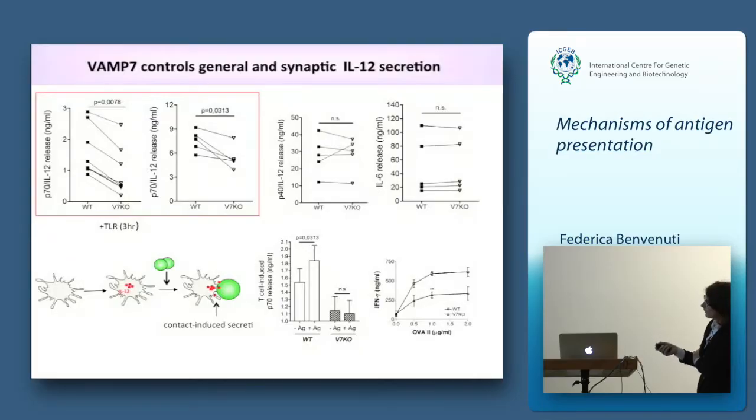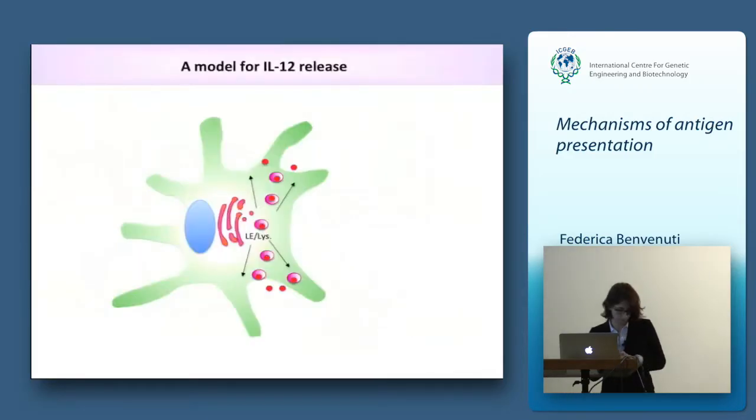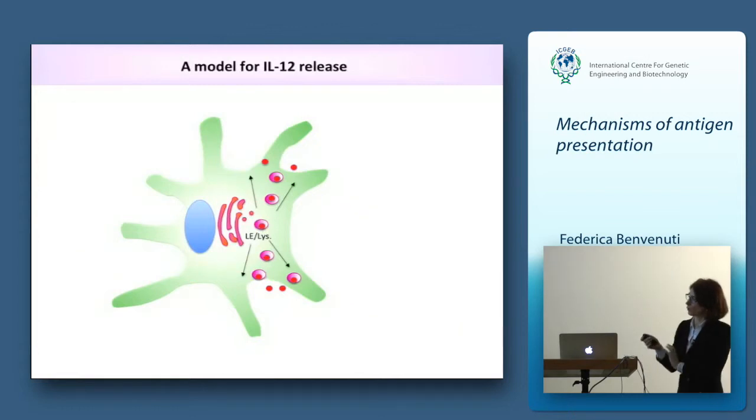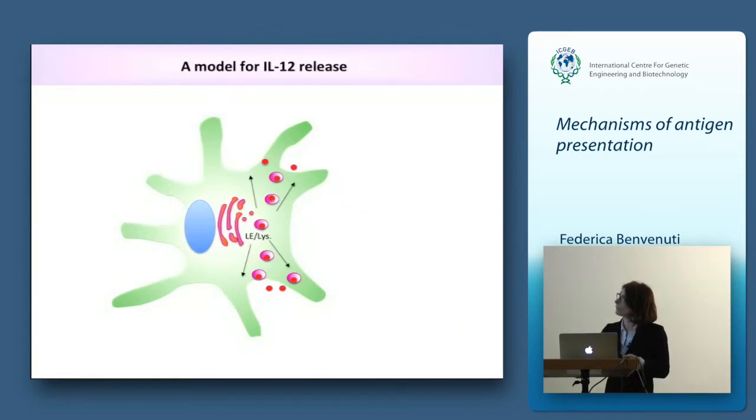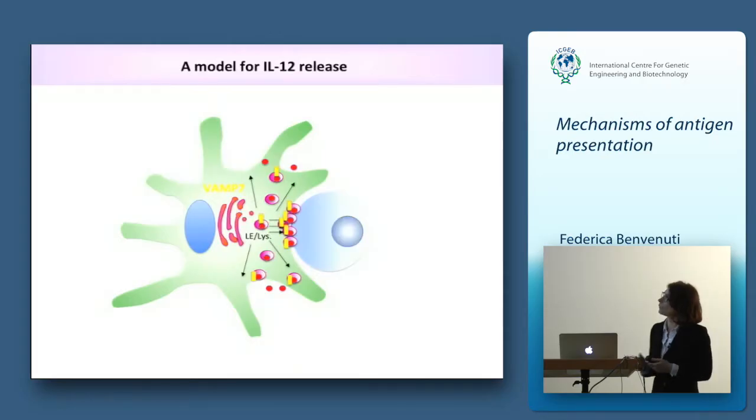And when we measure T cell activation upon stimulation with wild-type or knockout cells, we also find a very strong impairment, indicating that VAMP7 is indeed the SNARE that controls trafficking of IL-12 for general secretion, like I'm showing in this summary, and during interaction with T cells.